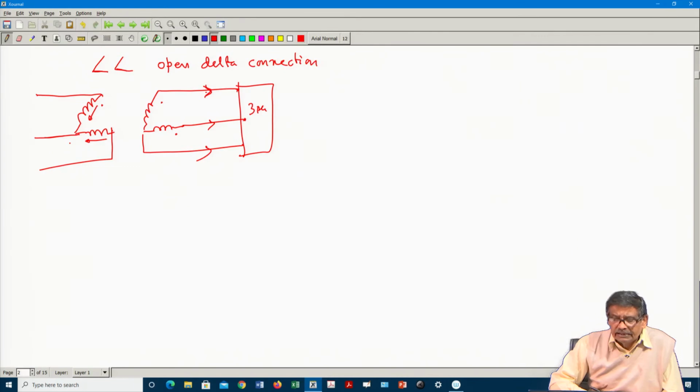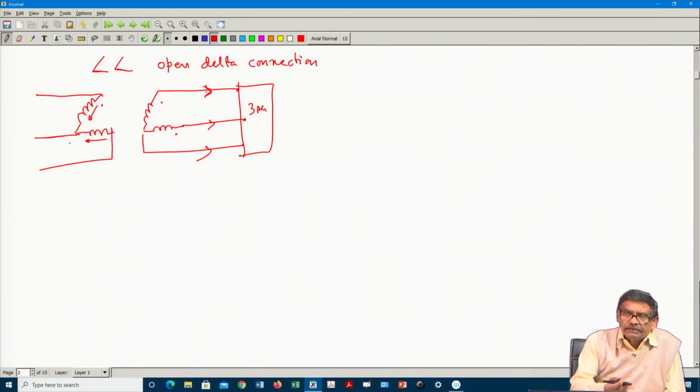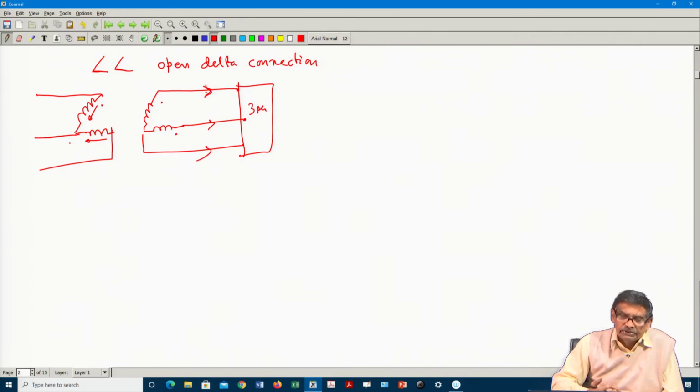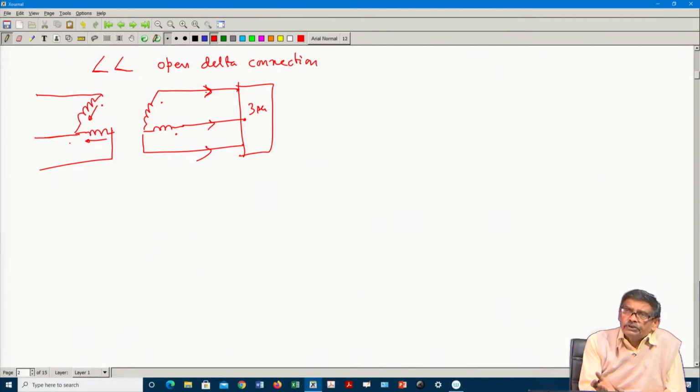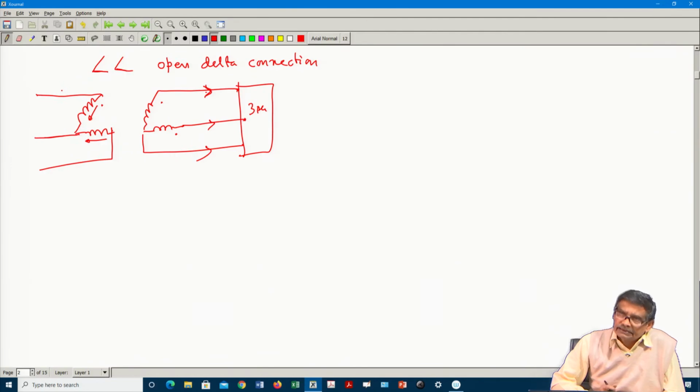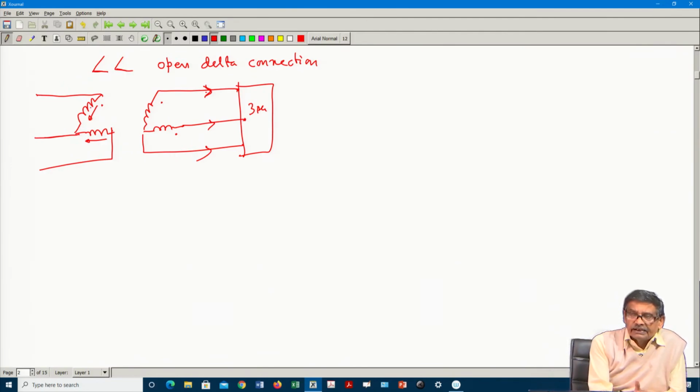So, open delta connection, the question may be natural to you, and it is correct to ask whether a balanced 3 phase load, if you connect here, will give a balanced 3 phase current on the primary side. The answer is yes, because the reflected currents of these two can be well defined.